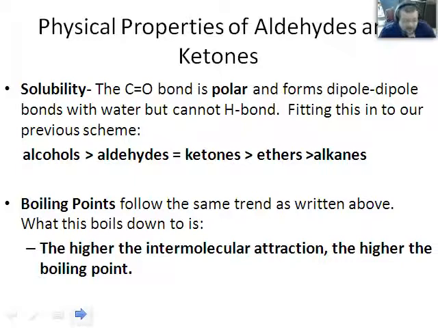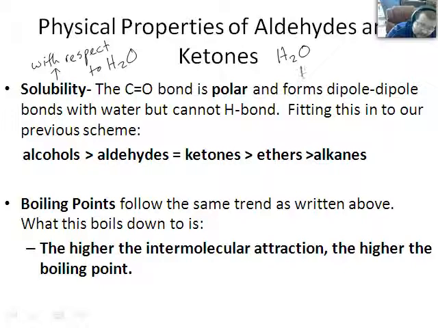So when we look at the solubility of the groups that we've looked at so far, we said there's a general rule that like dissolves like. When we talk about solubility, we talk about it in this class with respect to water. And since like compounds dissolve like compounds, H2O H bonds, because it has an H directly connected to an N, O, or F in its structure, then things that will be more soluble will be able to H bond.